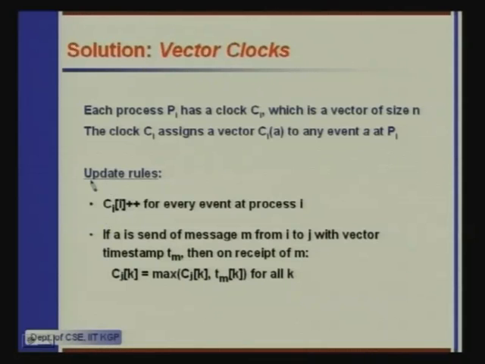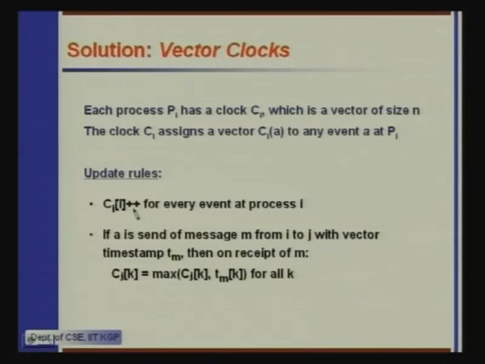Now, if you understand that, you will see the update rules immediately follow: whenever there is an event at process i, I will increment Ci[i] by 1, because there is a local event which has happened at process i.